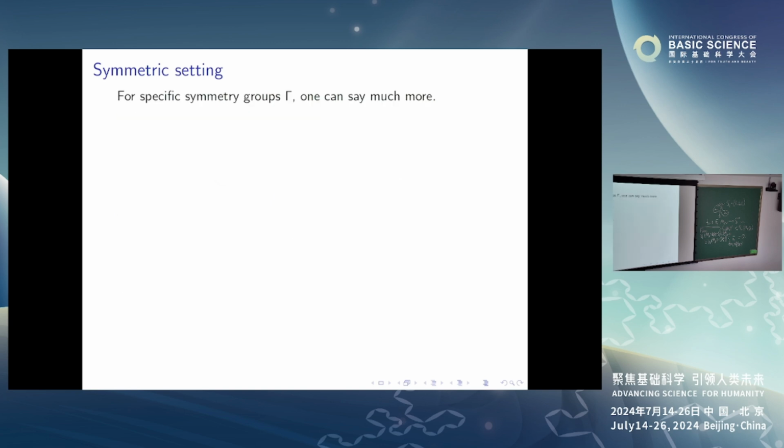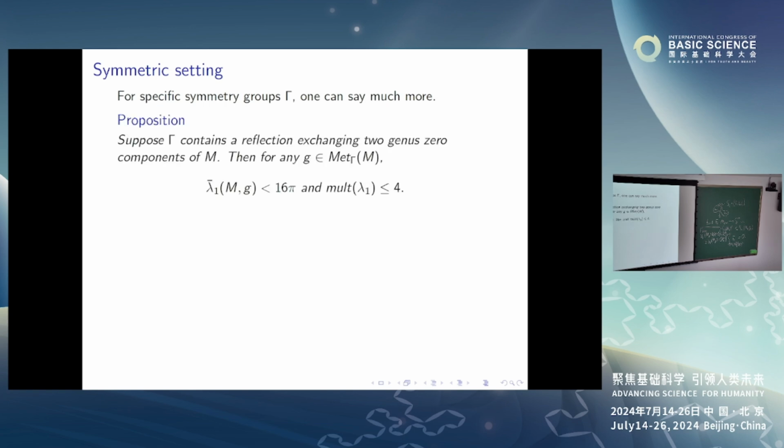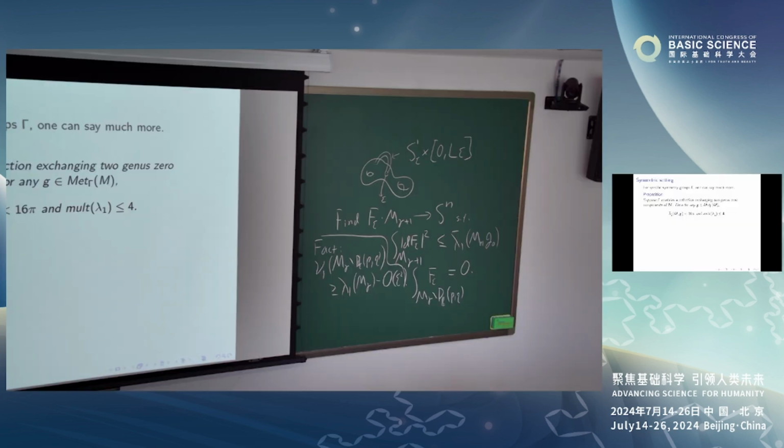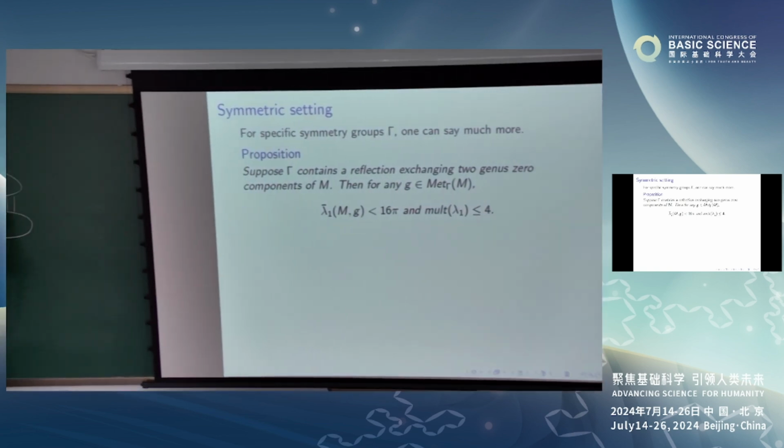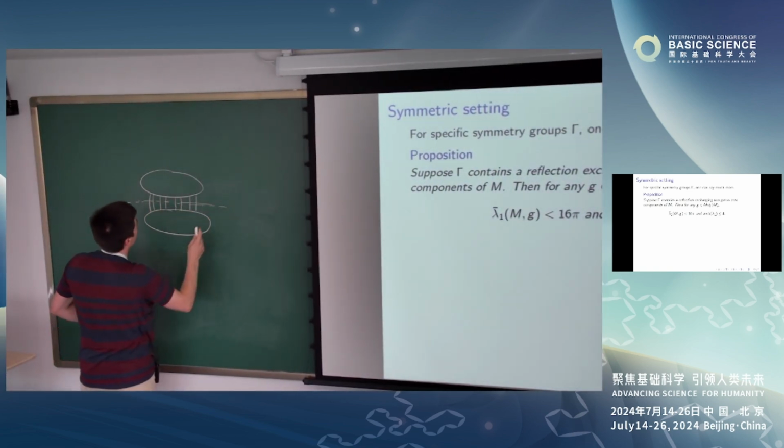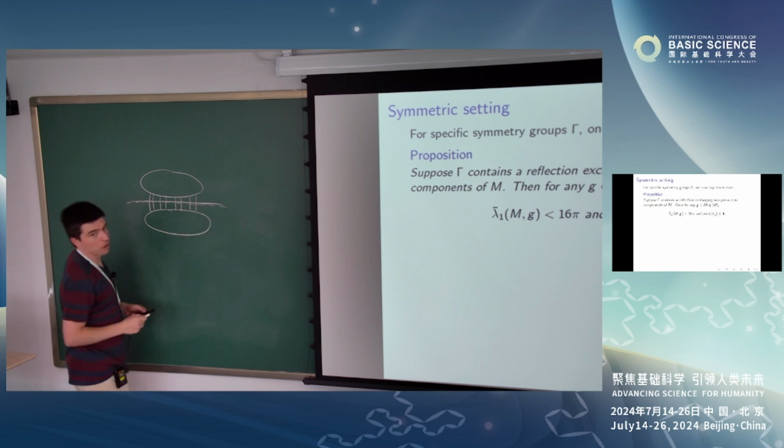All right. But for specific symmetry groups, you can say a lot more. So for instance, let's suppose we have a group which contains some Z2 component, which is a reflection exchanging two genus 0 components of the surface. So you can imagine we have two spheres, and then we attach them by some necks, and we do this in such a way that the fixed point set of the reflection cuts all those necks.